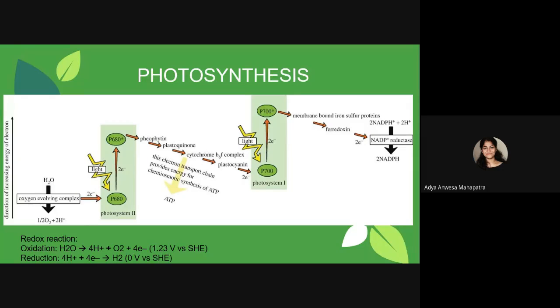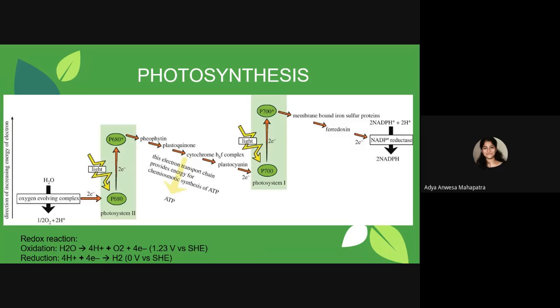We know that the standard reduction potential for hydrogen is fixed at 0, and as per the electrochemical series, any species with a more negative reduction potential can act as a reducing agent and reduce another species with a less negative reduction potential. So, as I said, pheophytin has a reduction potential of minus 0.5 volt, and that of hydrogen is fixed at 0.